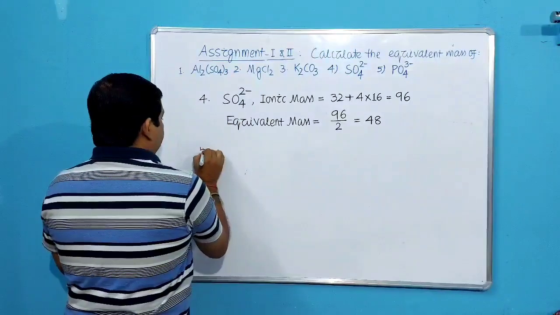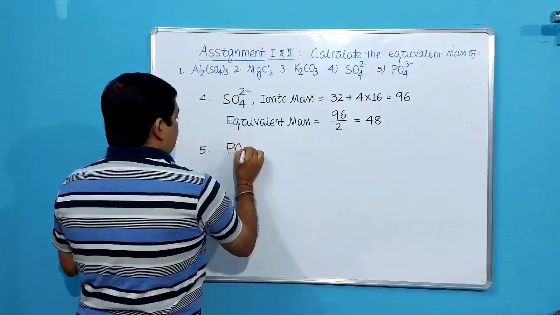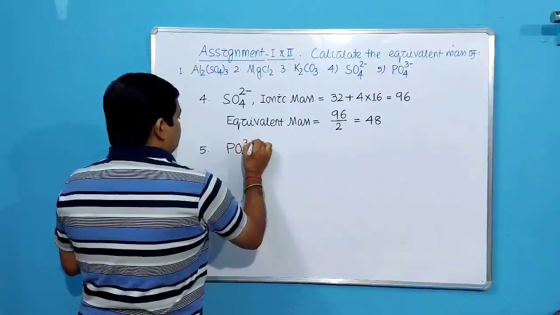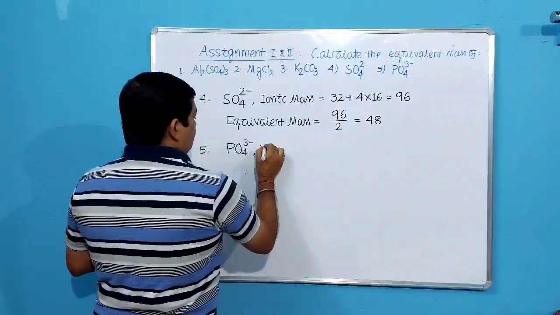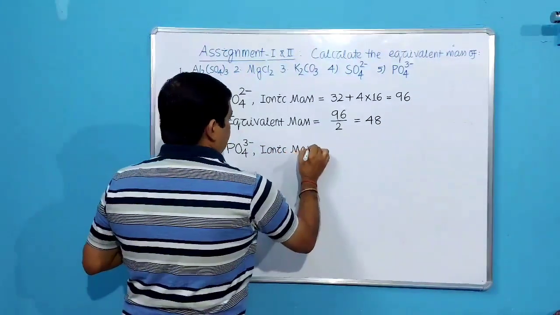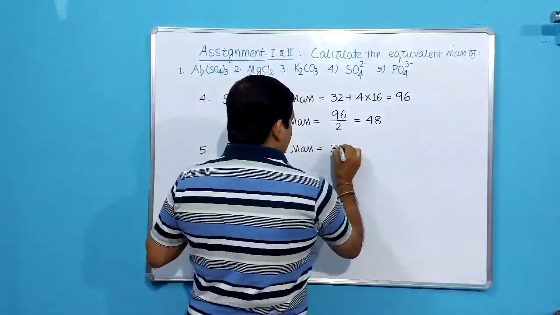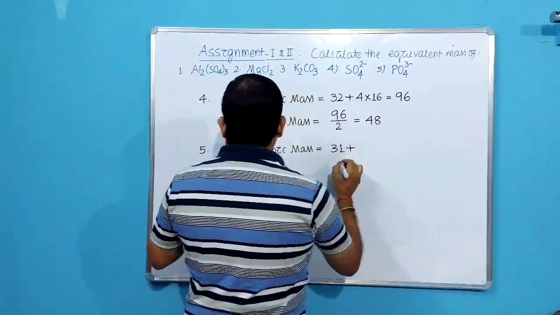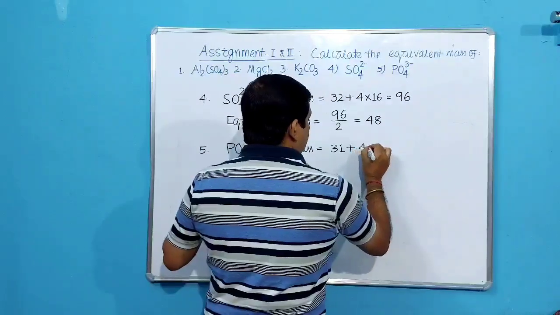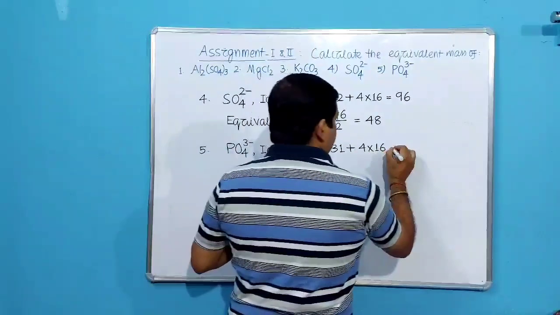Then question number 5. Phosphate, PO4 3 minus. Okay. So what will be the ionic mass? Phosphorus 31 plus 4 into 16, 64 plus 31, 95.